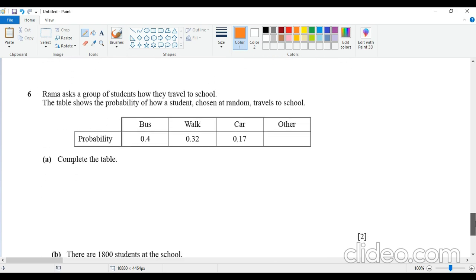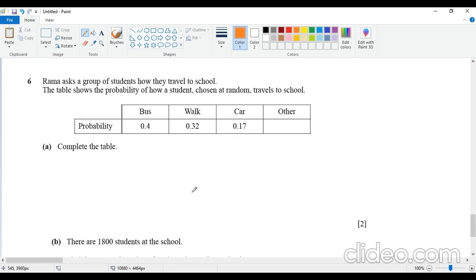Now, next question is to complete the table. We know when it comes to probability, probability is always equal to 1. So once it is added together, 0.4, 0.32, 0.32, and 0.17.